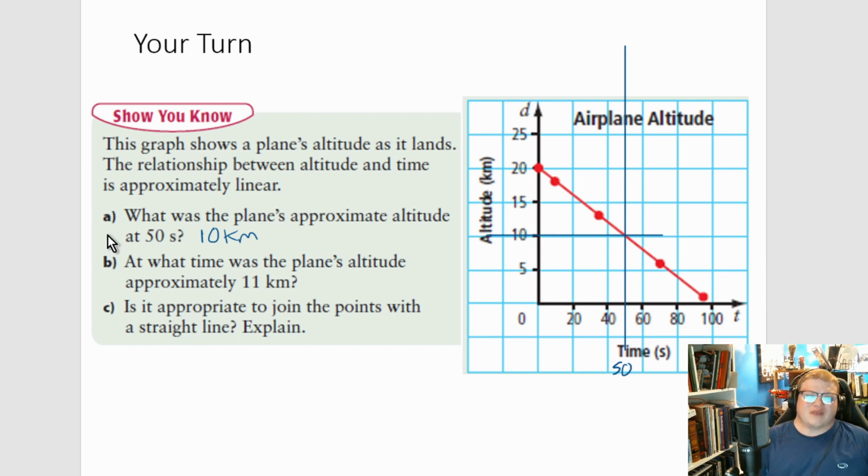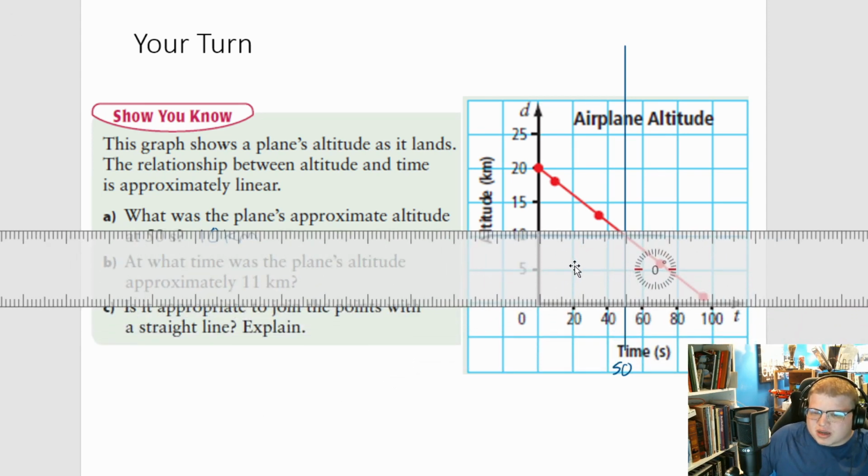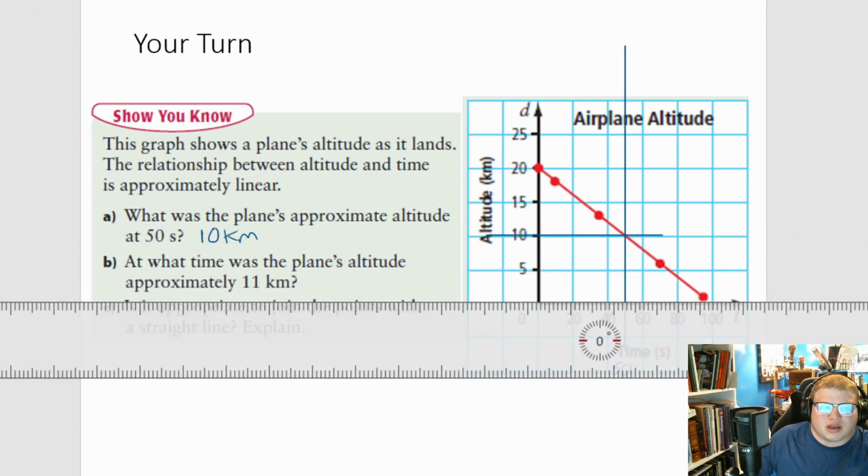Okay, so for 11 kilometers, what we have to do is we have to take the ruler and we have to approximate where 11 is going to be. Now you can do this by drawing lines on the graph. So I'm going to take a red pen here and I'm going to go 14, 13, 12, 11. So that's my approximation for 11.